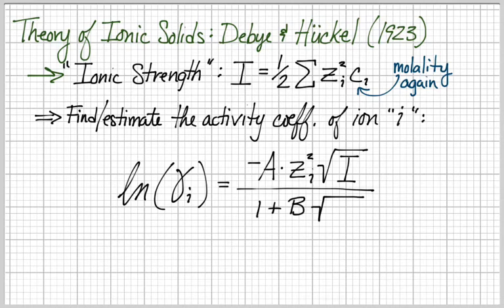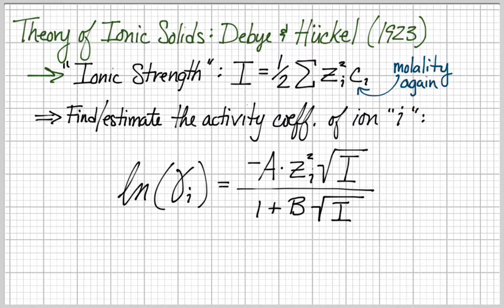If I wanted to find gamma, what you're seeing here is the Debye-Huckel equation. And I've got values A and B going on here. Let's hold off on that for a second, but we can see that we have Z squared, which would be my ionic charge squared for a given dissolved ion.